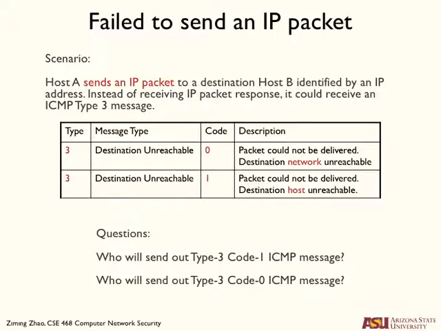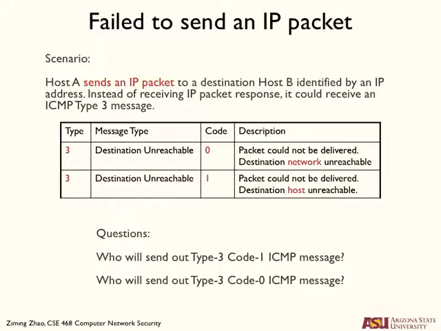So this is the first question, the last router. The second question: who will send out the type 3 code 0 ICMP message, which means the destination network is unreachable? First router.